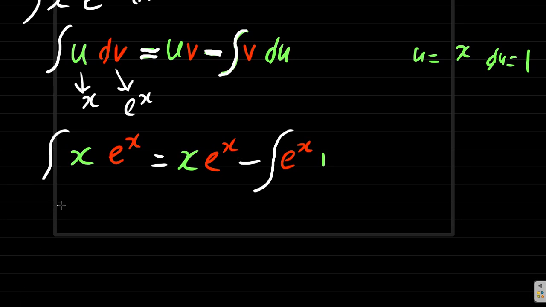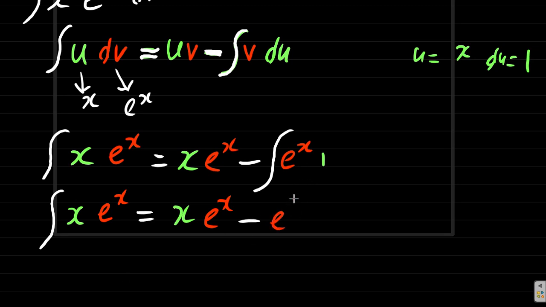So, what we have is that the integral of x, which is our u, times dv, which is e to the x, is equal to x e to the x. So we have our x e to the x minus, what's the integral of e to the x?